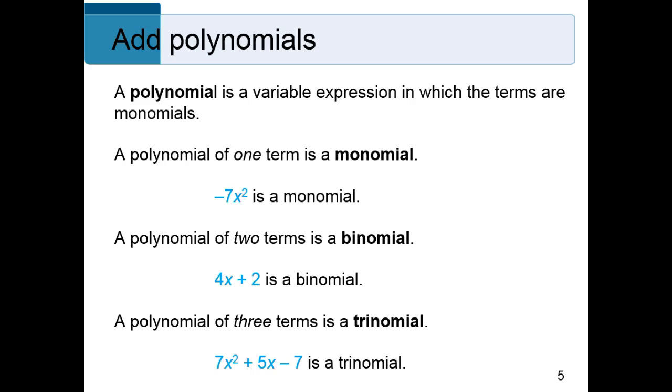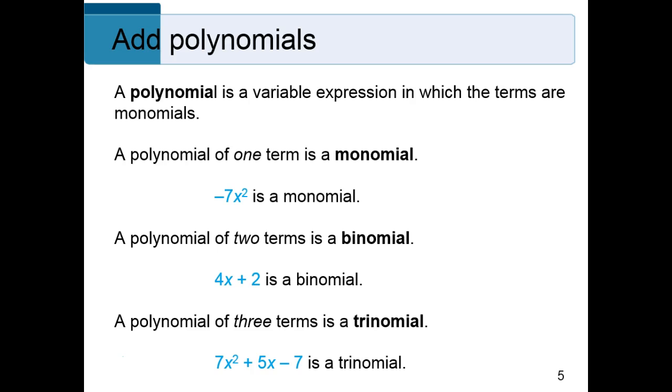All right, okay to have a -7 there? Sure, and the coefficient, yeah, you can have plus or minus. How about if that was a -2? No, wouldn't work. This is a binomial, 4x plus 2, that's perfectly fine. This is a trinomial, 7x squared plus 5x minus 7. Any questions then on what makes a polynomial?